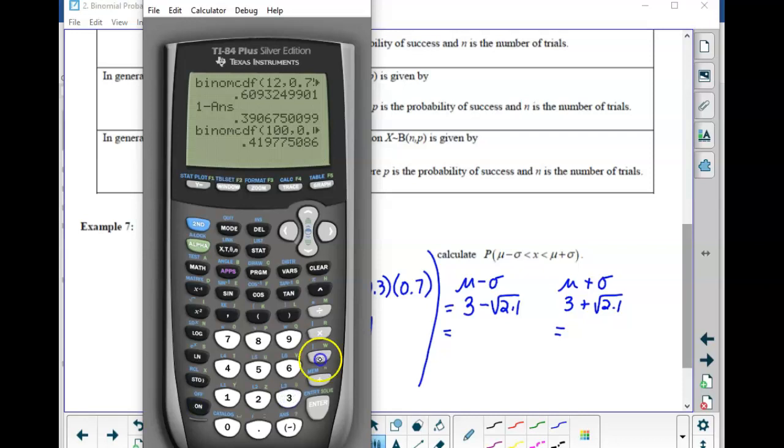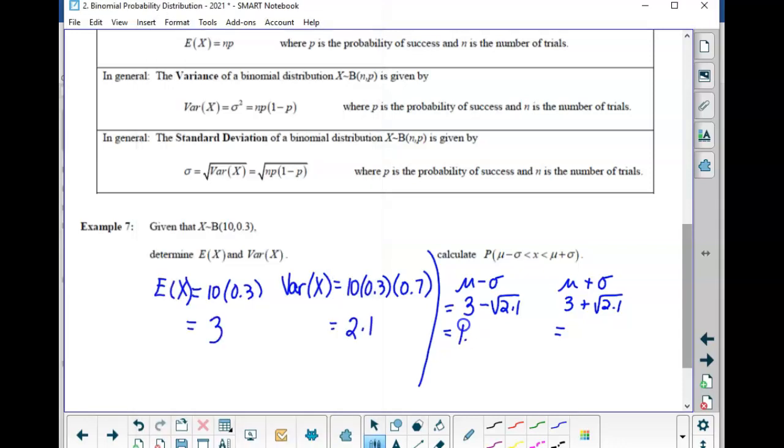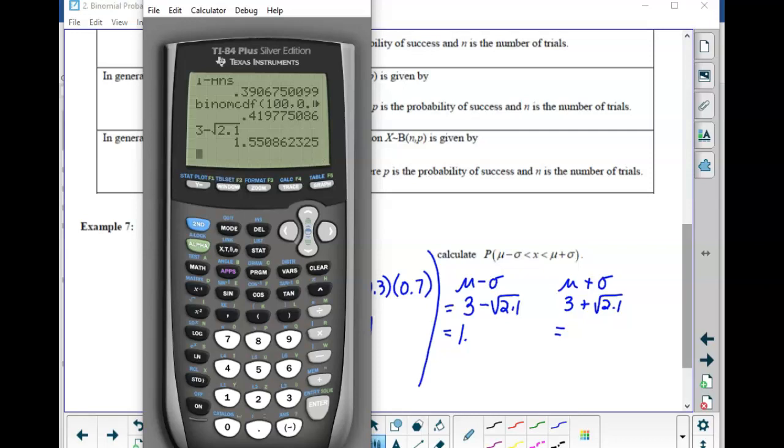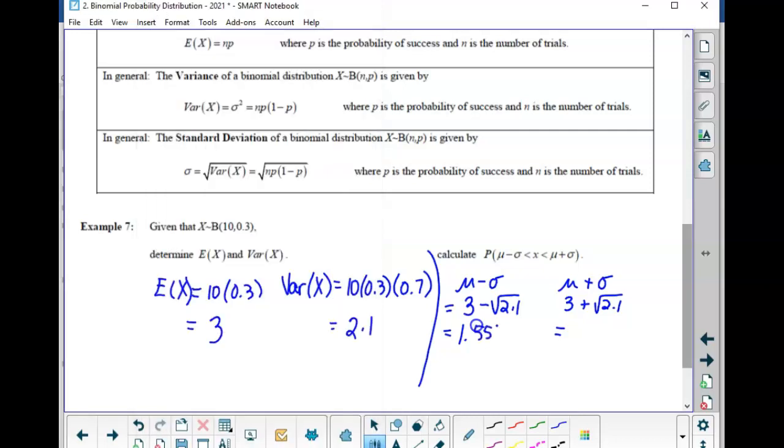So 3 minus square root of 2.1. Okay, so 1.551. Or just 1.55. So in this case, it's a decimal.